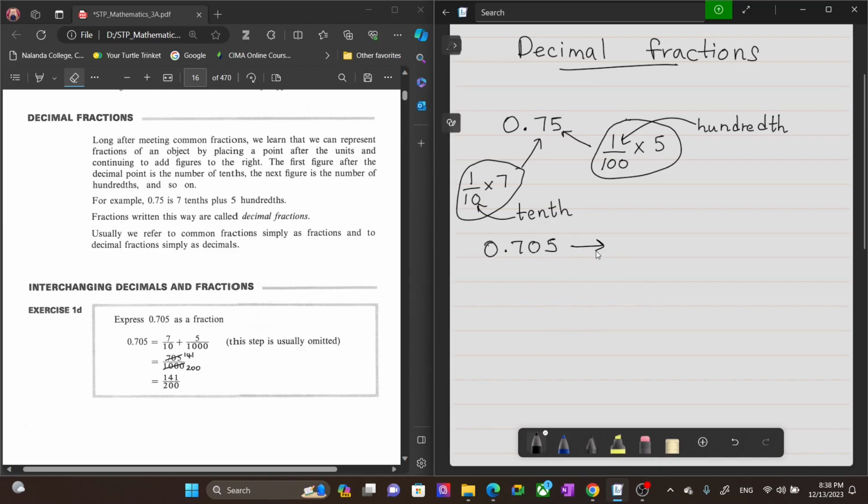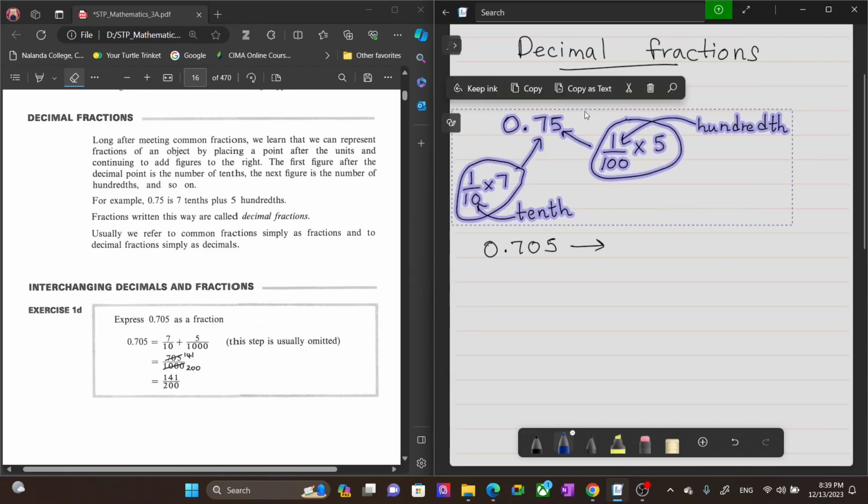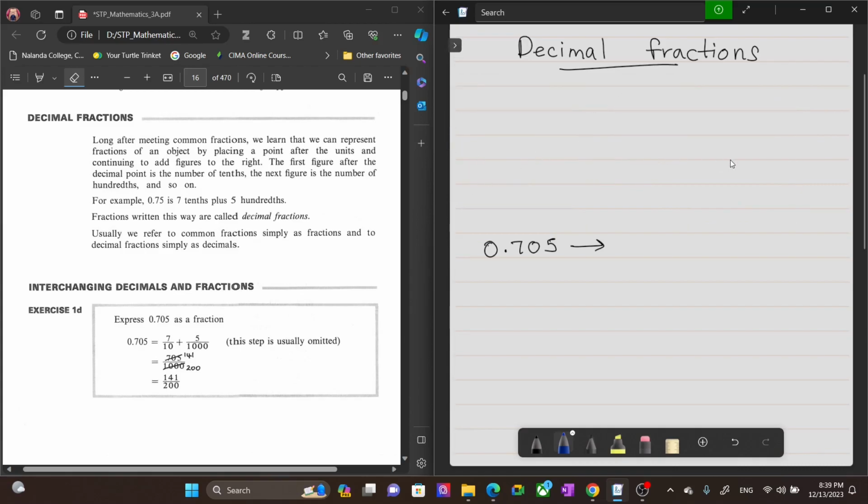They are telling us to convert it into a simple fraction, as we have used before. No need to remember all of this now, just forget about it. I will delete that. Now, what is the meaning of 0.705?